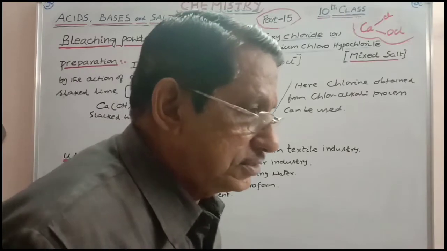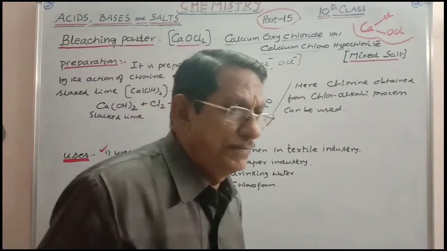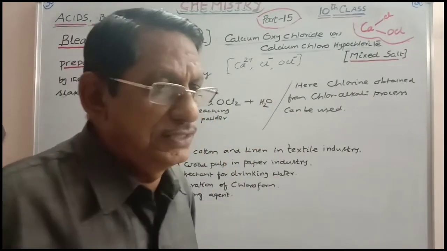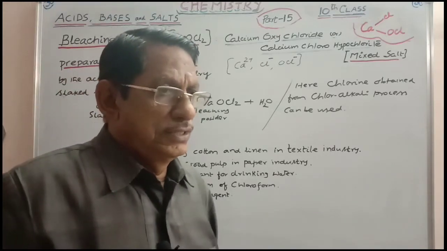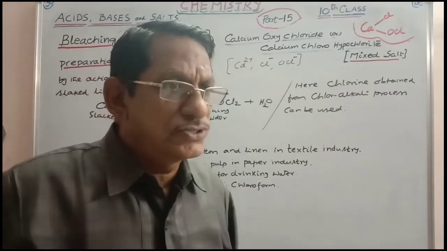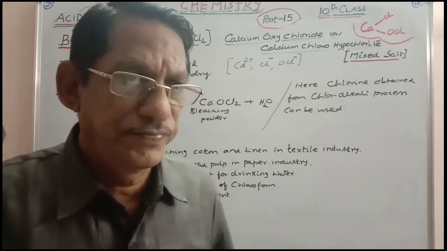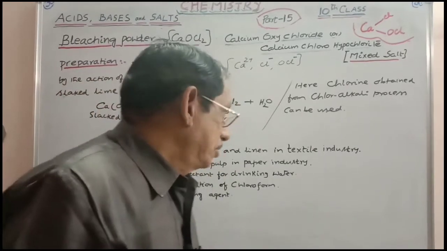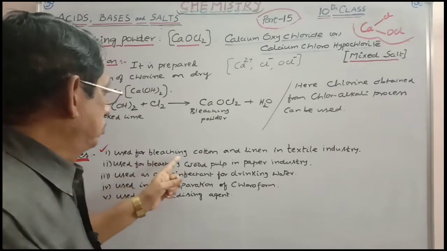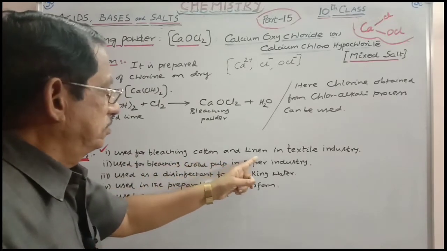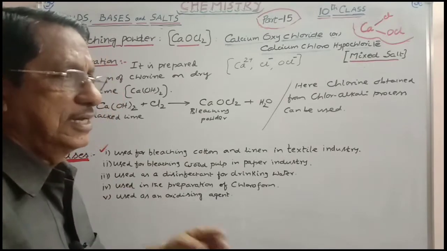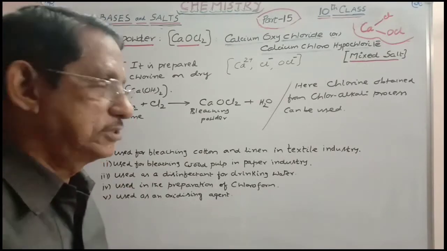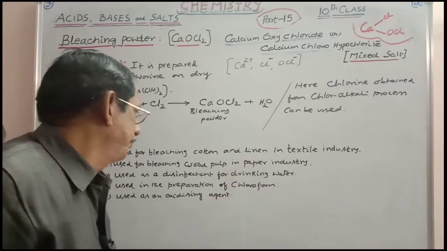Whatever color is attached to the cotton material will be easily removed by treating with bleaching powder solution. Removal of the colored matter from a substance is nothing but bleaching. So here, this can be used for bleaching cotton as well as linen in the textile industry. How is it happening? The bleaching action, if you want, we can show it later.